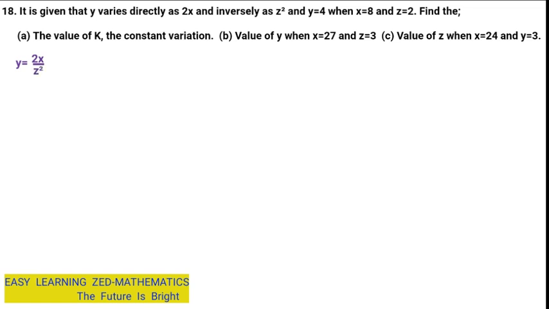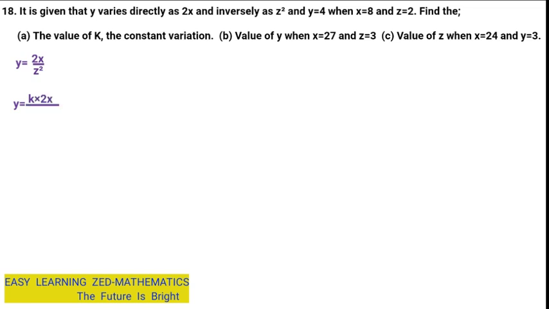This is the equation we've come up with. Now we need to put the constant there. So we write y is equal to k multiplied by 2x over z squared.